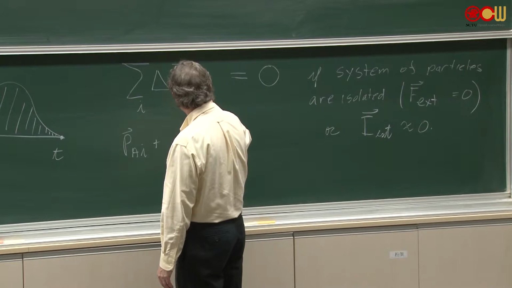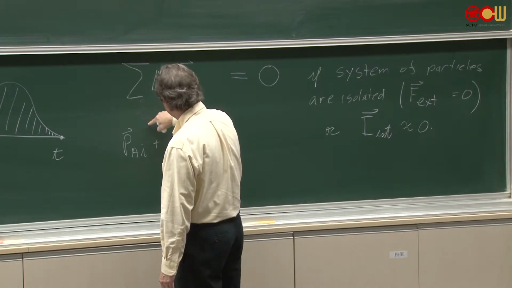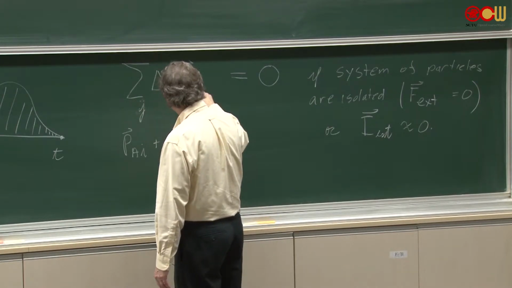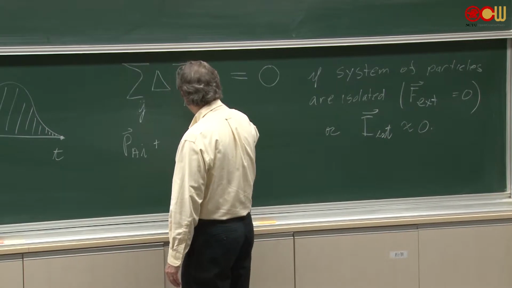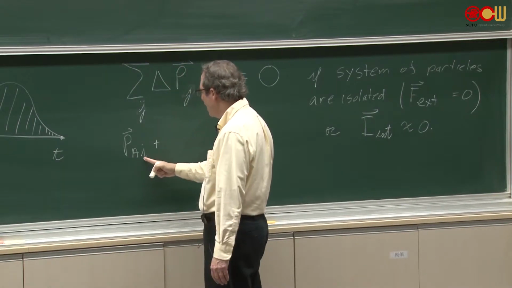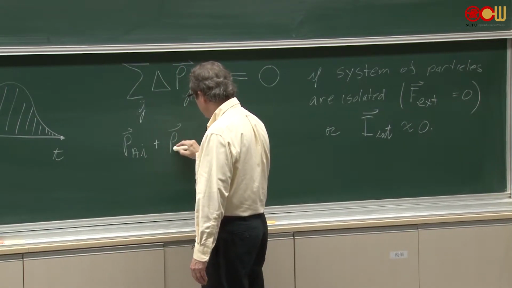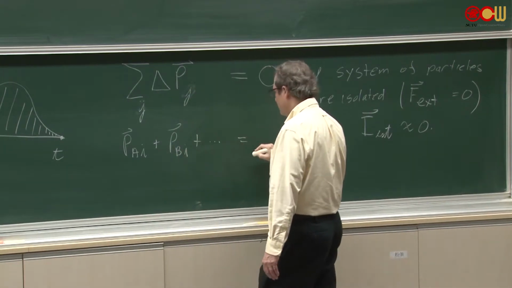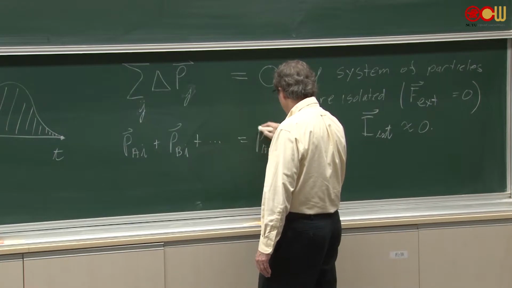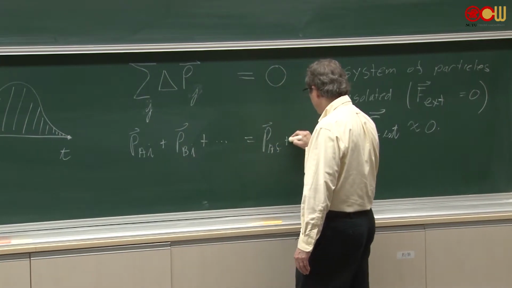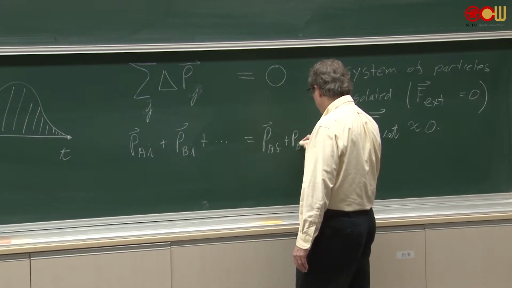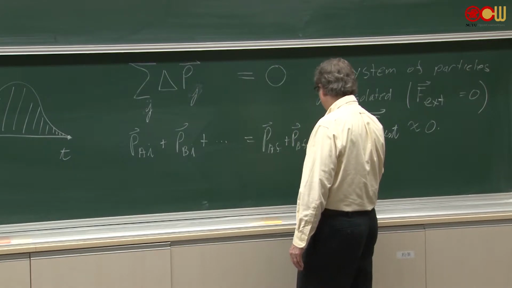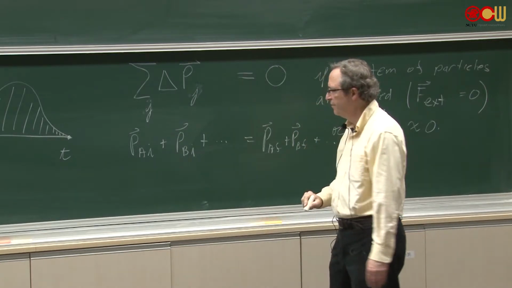Oops, let's not use I. Let's use J. So I can say particle J initial plus particle B initial, etc., is equal to particle A final plus particle B final plus etc. Okay?